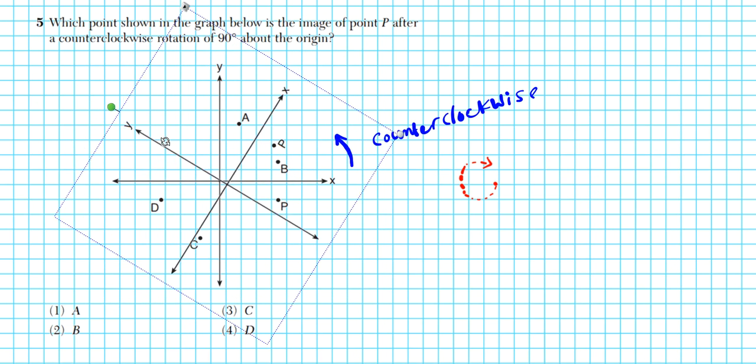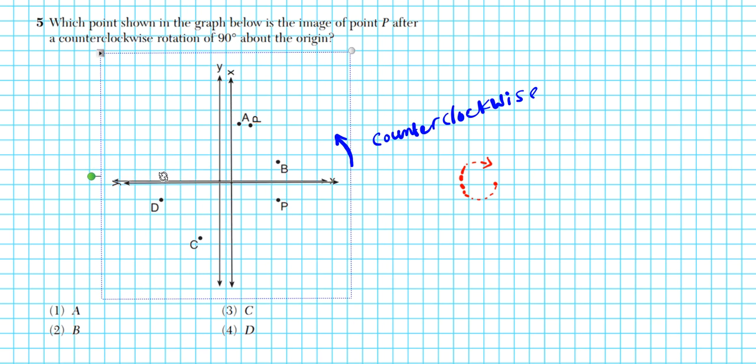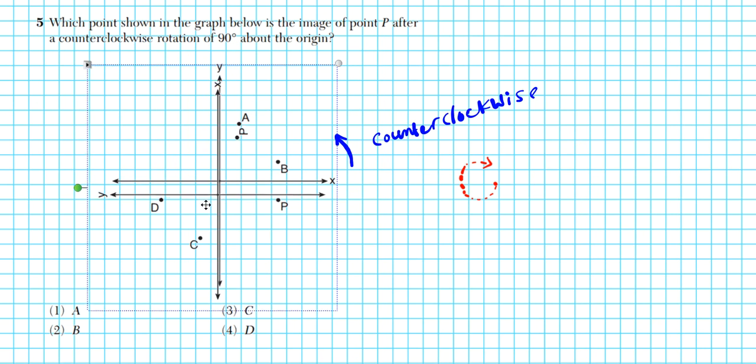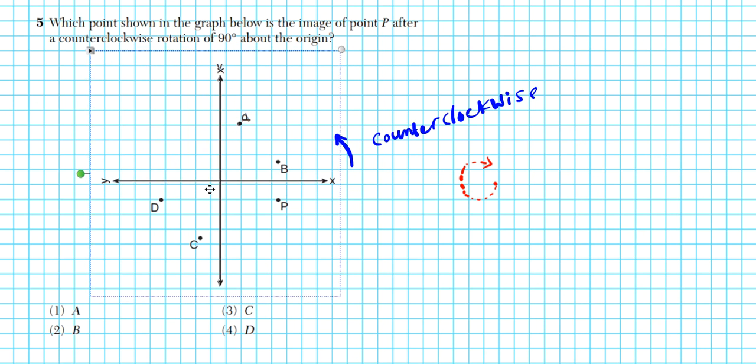All right, so when I rotate counterclockwise, 90 degrees rotation, almost there. Bam. Which point does P fall on? P falls perfectly on point A. Okay? So that's what happens when you have a 90 degrees counterclockwise rotation.